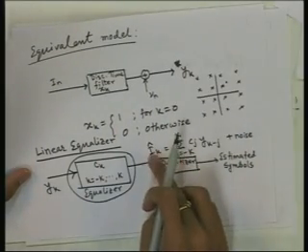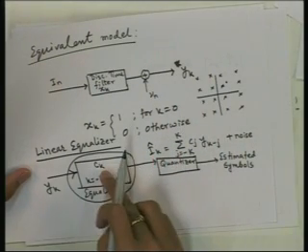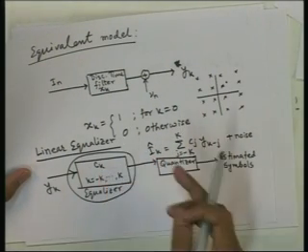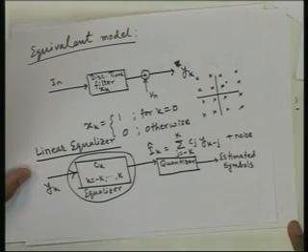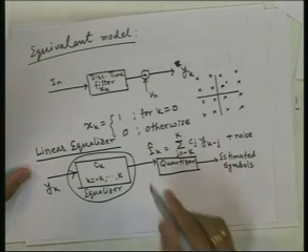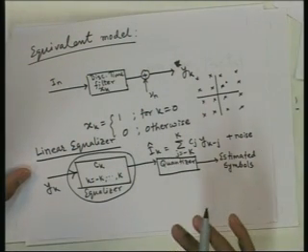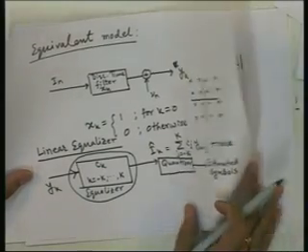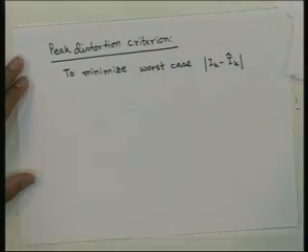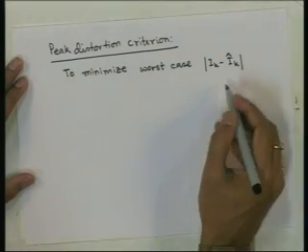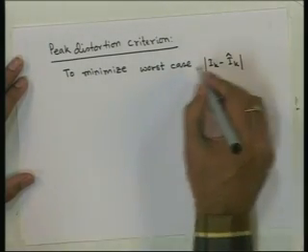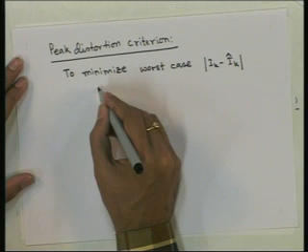So, I k hat minus I k for a given selection of the equalizer will be maximum for a certain choice of the input symbols I n, that is I 0, I 1, I 2 and so on. When this sequence has a certain value, then I k hat minus I k will be maximized, and that worst case difference we want to minimize. So, that is the peak distortion criterion. We want to minimize this in absence of noise.